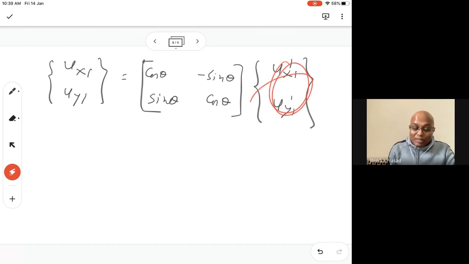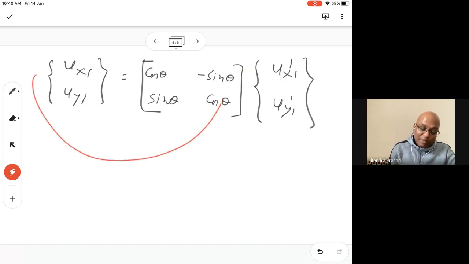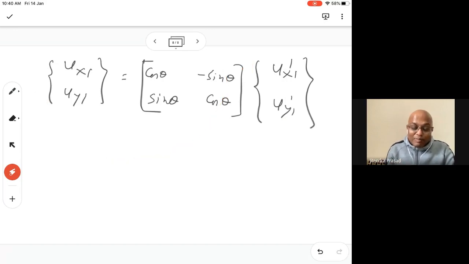So this will be equal to the inverse of that, and you can write this in terms of this as well, right? In that case, here you get the inverse of that. Anyway, so we have this.